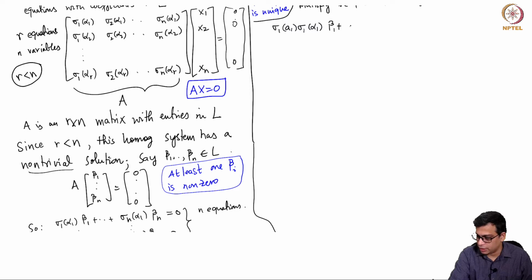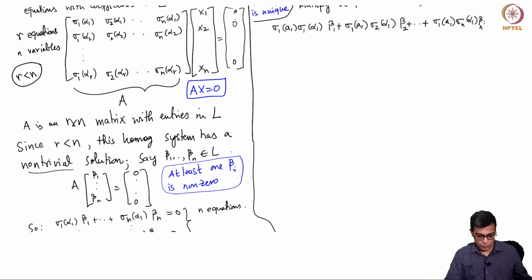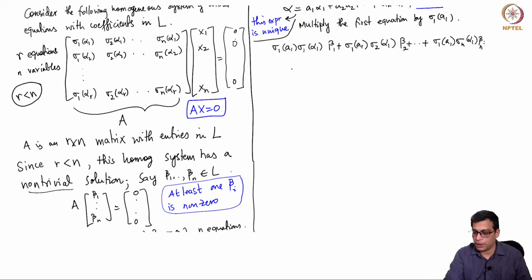Let me write the second term just so that you understand what is happening. The second term will be sigma 1 A1 times sigma 2 alpha 1 times beta 2, plus dot dot dot, the last term being sigma 1 A1 times sigma n alpha 1 times beta n, equals 0, right. So that is what we get after multiplying by sigma 1 A1.